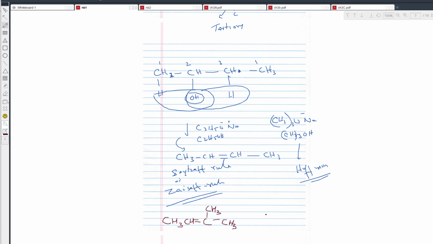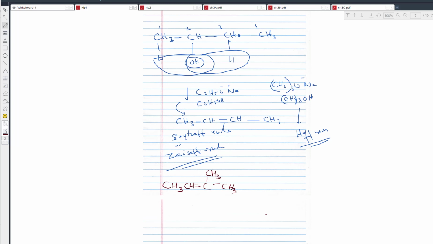It'd be 2-methyl, because you are not disturbing the position of the double bond, but getting an additional advantage that your radical is also near there. 2-methyl-1-butene. Okay. It's clear? Yep.